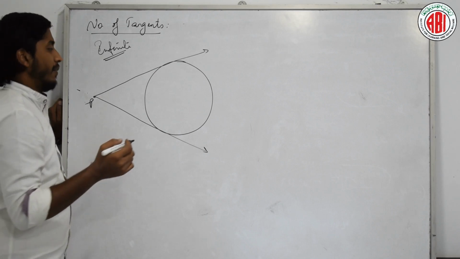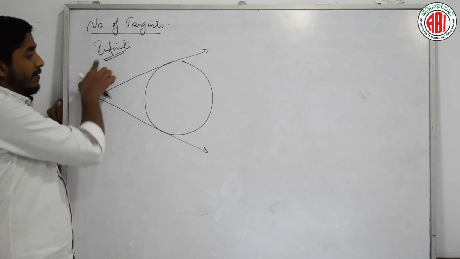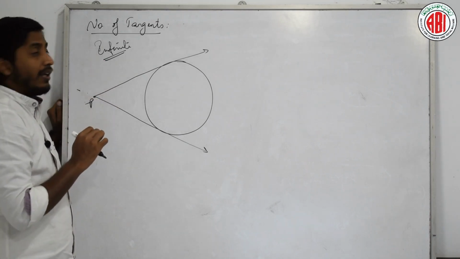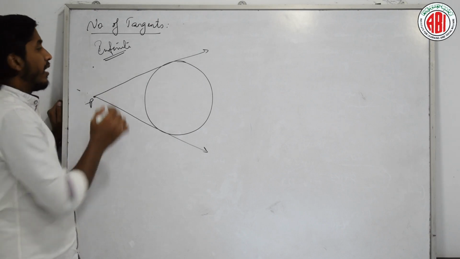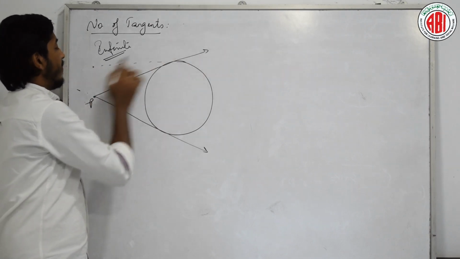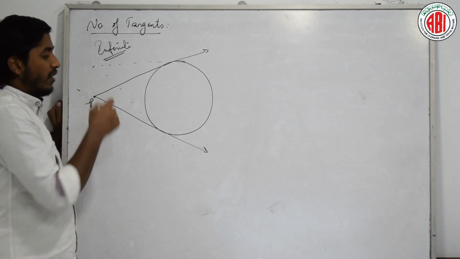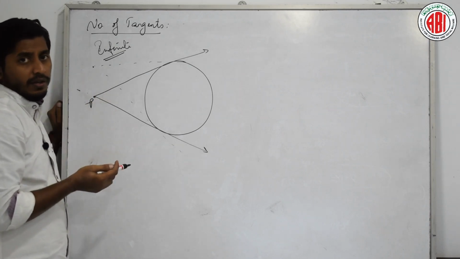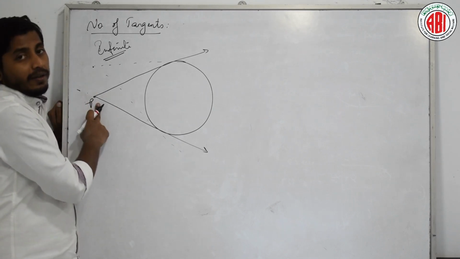And tell me, how many tangents can I draw from 2 points? Can I have any common tangent from 2 points? No, right?